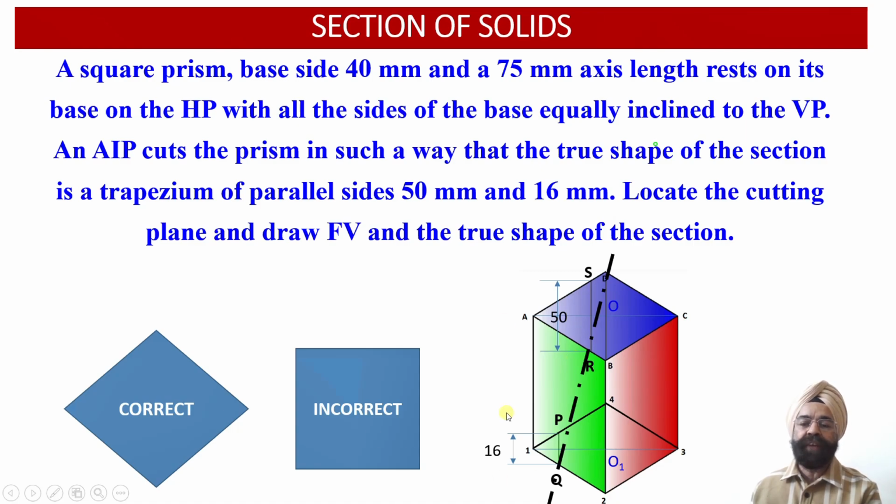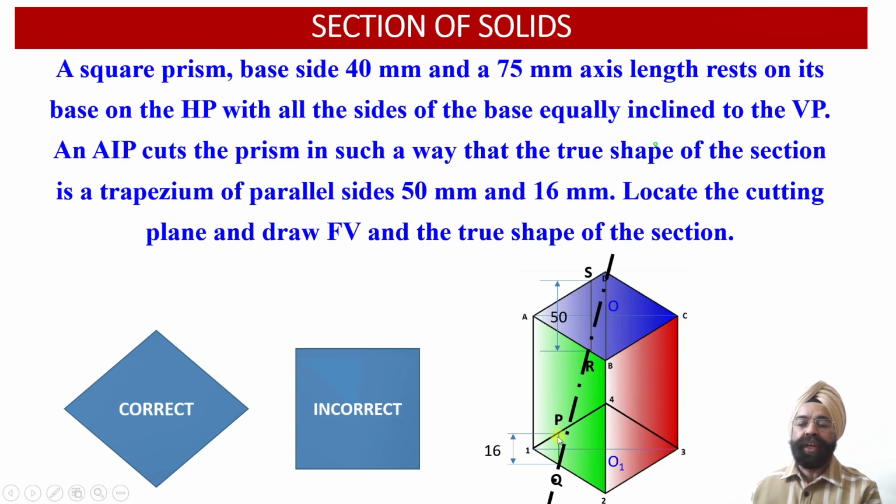And now, as per our convenience, we can choose the points of intersection in such a way that the distance between these two points of intersection is measured as the parallel sides of this trapezium.